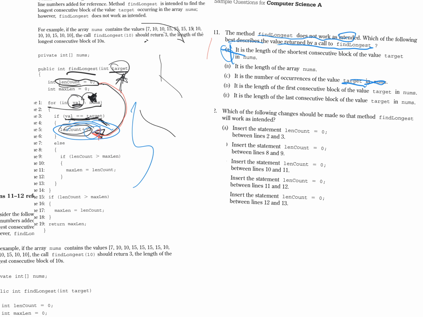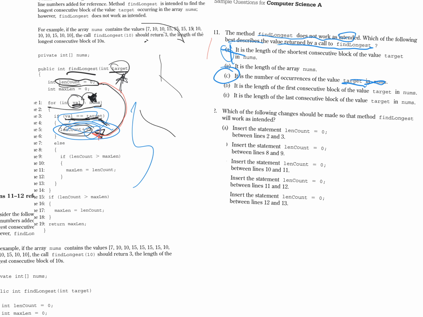And we never actually reset length count for each iteration. Since we're not resetting it, we are accumulating all of the number of times we find that value is equal to target. So in this case, C is probably the best answer.